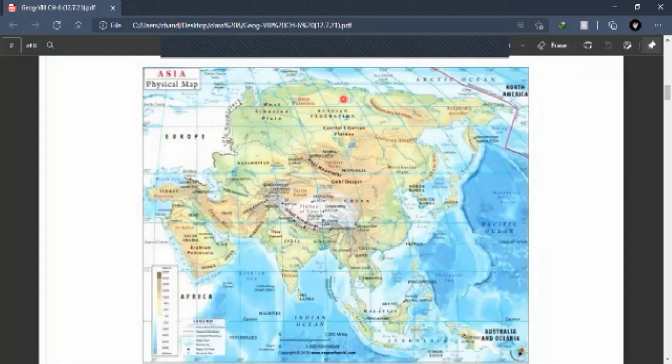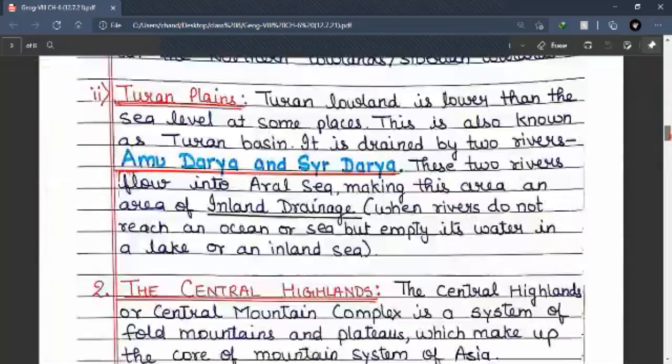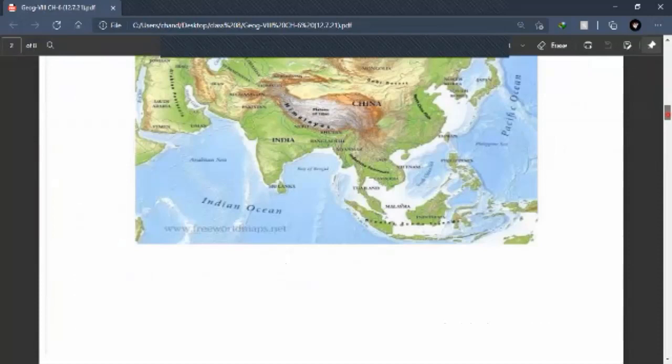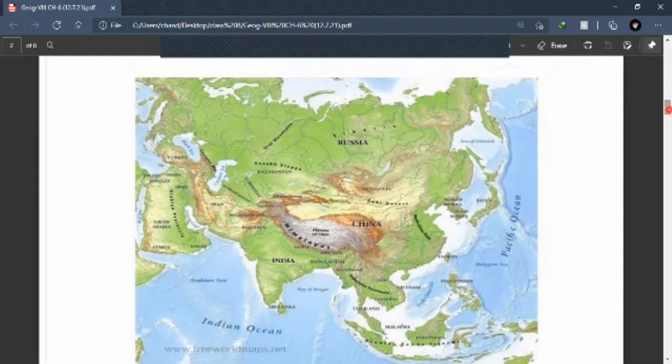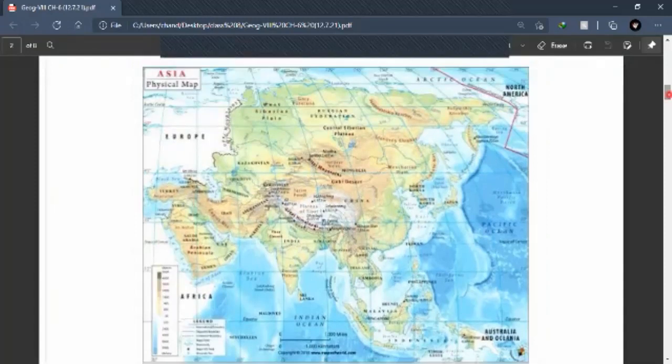The second plain is the Turan Plains. The Turan lowland is lower than the sea level at some places. This is also known as Turan Basin. It is drained by two rivers, Amudarya and Syrdarya.